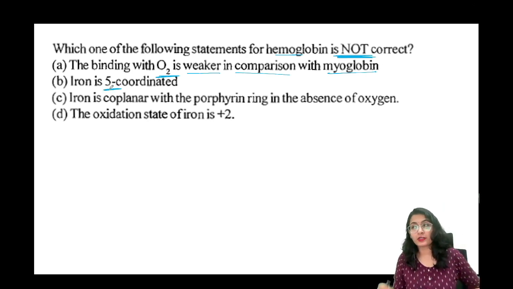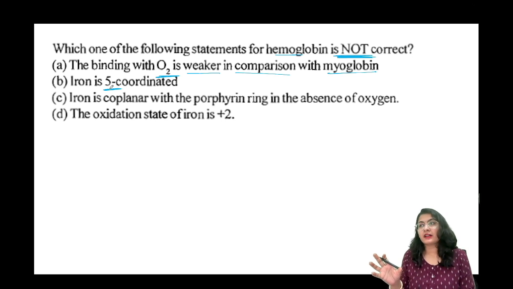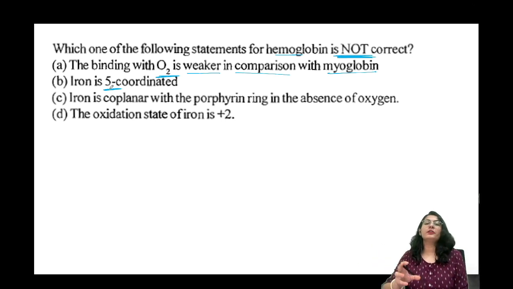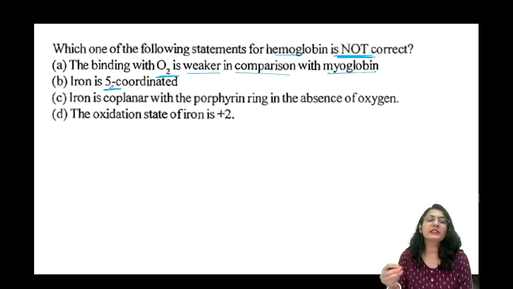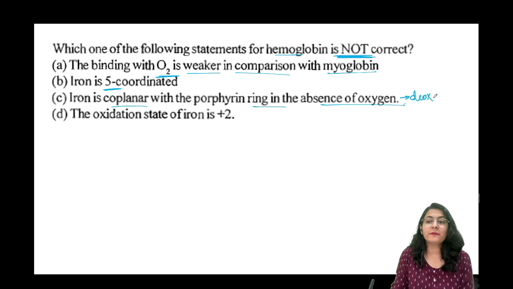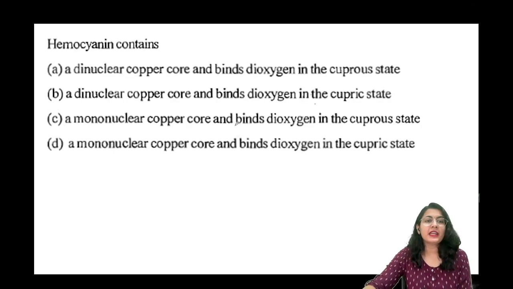That is also correct, because one space is vacant for the oxygen, which actually has a loosely bound water molecule that can be quickly replaced by oxygen. So we consider it penta-coordinated only. Iron is coplanar with the porphyrin ring in the absence of oxygen. No, in the deoxy form, it is not coplanar. So C is the not correct one. Oxidation state of iron is +2. Yes, in the deoxy form. Alright, so C is the correct answer.